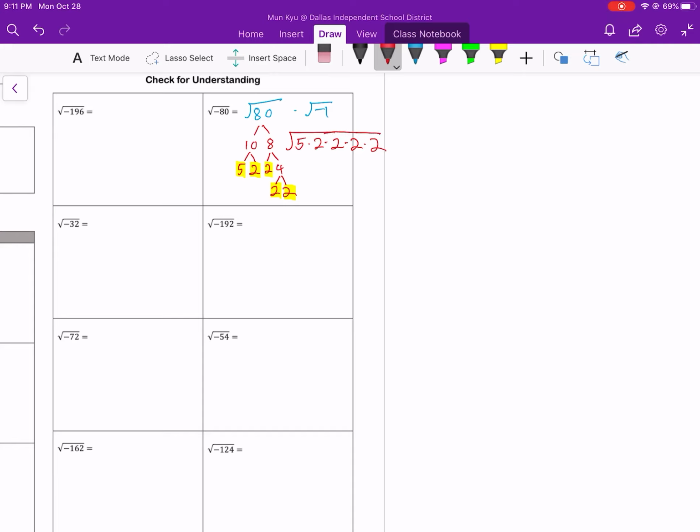And again, if you are not familiar with simplifying radicals, go to YouTube and type simplifying radicals. There are a lot of videos that can be helpful and can explain much better than me.